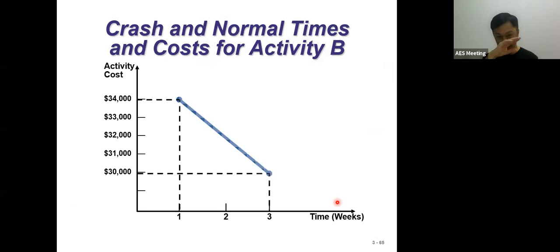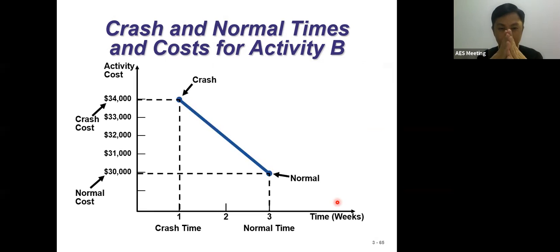Now the crash and normal times and costs for the activity times: we have 34,000 crash cost and the normal cost is 30,000. So 34 minus 30, then we divide by 3 minus 1. That is how we get the crash cost per unit here. I hope you're fine with this.